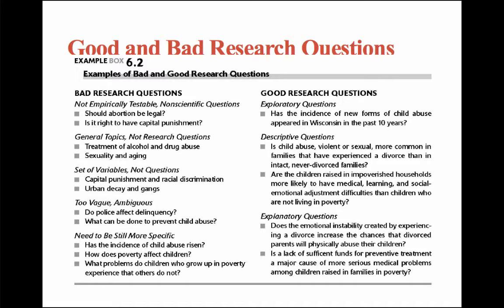I've done my best to give you some tips on your proposals about what you need to be careful about to make your research question better, but I would strongly encourage you to look at this slide and make sure that your research question doesn't commit one of these errors. If you're in doubt, email me. The sooner the better, and we can go back to your research question and try to refine it a little bit further. Because remember, at this point, I'm approving of the research topic, but not necessarily the research question.